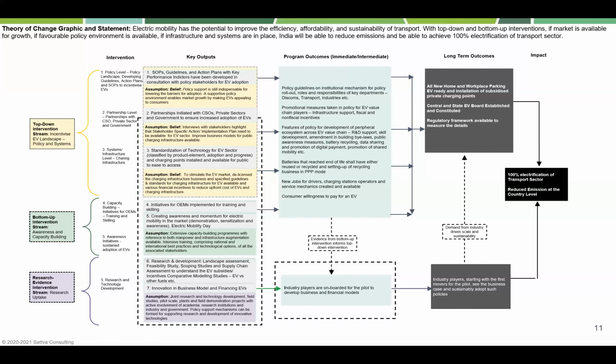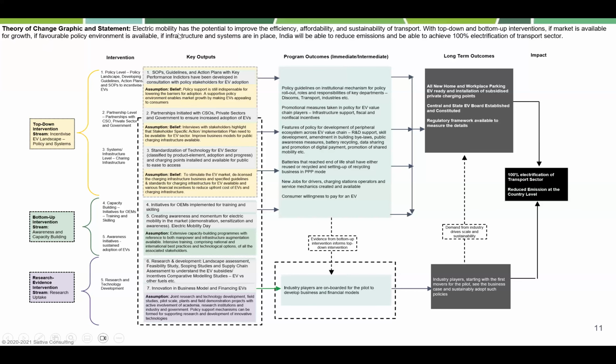Now, if you look at the first one, it's not an intervention. In the first two lines, the theory of change graphic and the statement, I mentioned, just imagine I want to reduce emissions and achieve 100% electrification of the transport sector. For this, I put all the assumptions also.